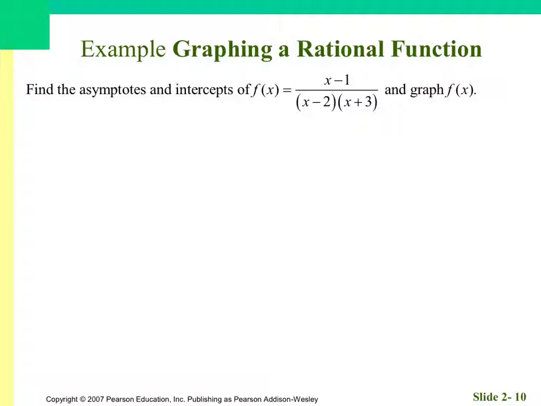So now it says find the asymptotes and intercepts and then graph it. Okay. So the asymptotes, the vertical, x equals 2, x equals -3. The horizontal is y equals 0, because the degree of the top is 1, the degree of the bottom is 2. Remember, if the degree of the bottom is larger, it's 0. Intercepts. Set y equal to 0, solve.